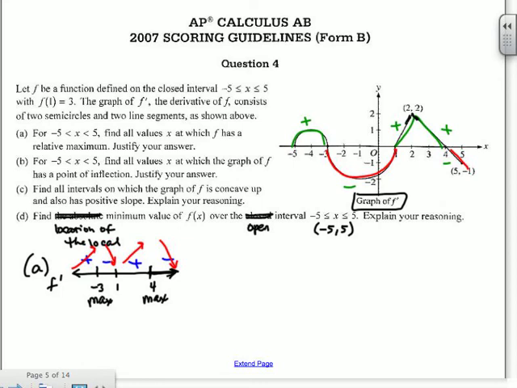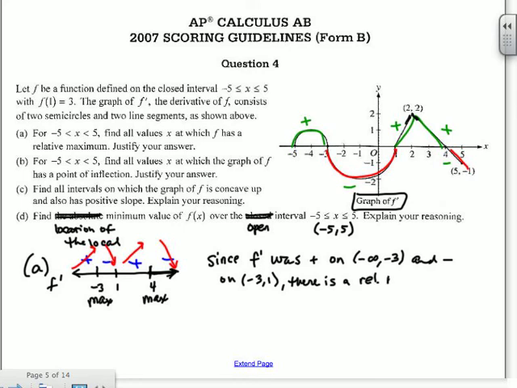So I need to write that since f prime was positive on -∞ to -3 and negative on -3 to 1, there is a relative max or local max at x equals -3.